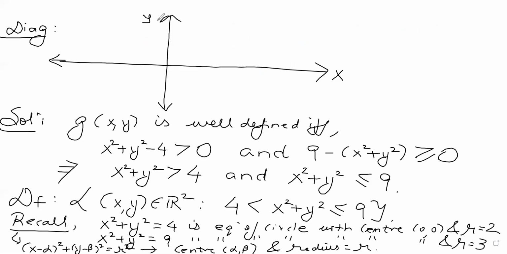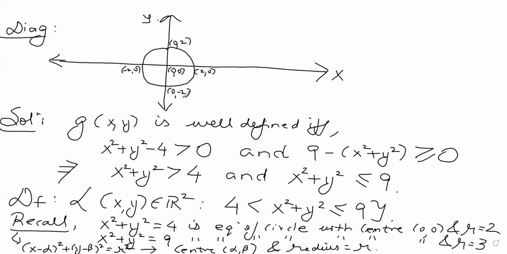And you can see, first of all, we are plotting x square plus y square equal to 4. It's going to be a small circle with the center at (0, 0). And the radius is 2. So this is (2, 0), (0, 2), (minus 2, 0), and (0, minus 2).